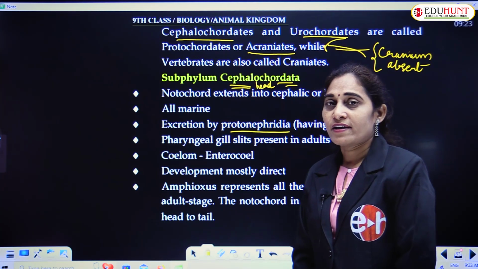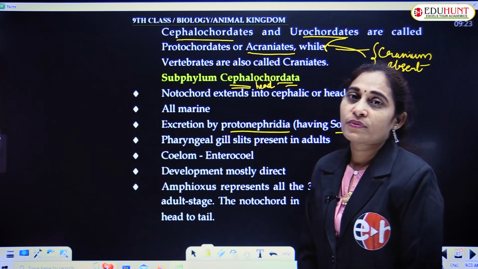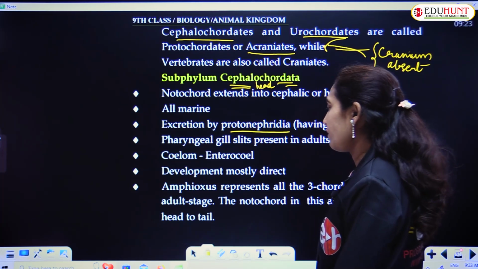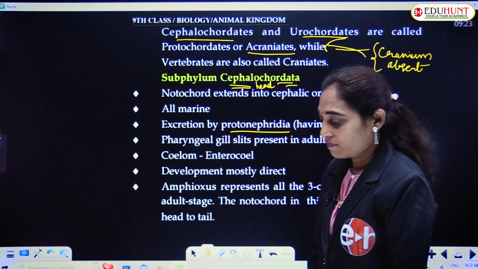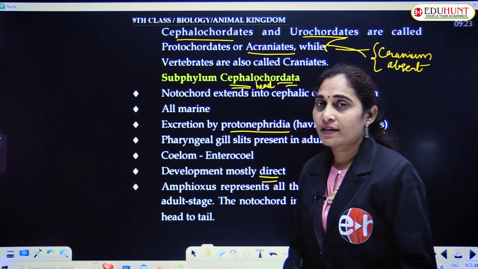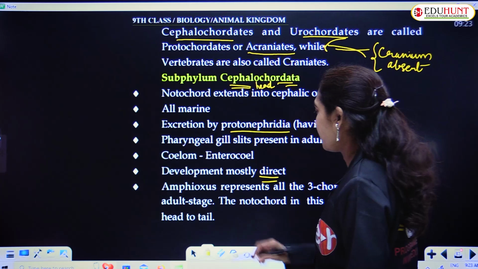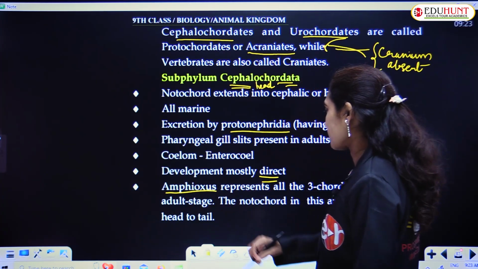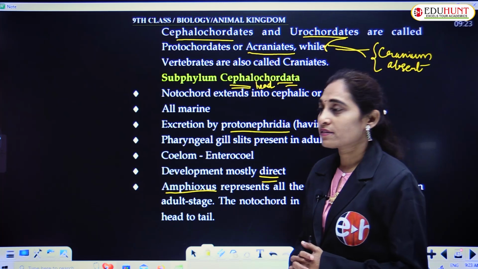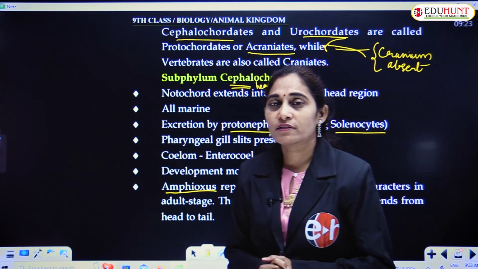Pharyngeal gill slits are present in adults. The coelom is enterocoel. Development is mostly direct. Direct development means they lack a larval stage during their development. An example is Amphioxus. It represents all three chordate characters in the adult stage. What are the three major chordate characters?